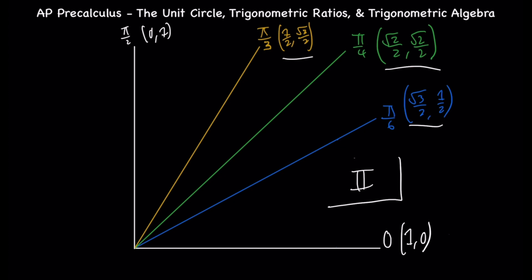But our x values are going to be negative, which means the cosine theta here is going to be a negative value. It's going to be the same for all of these. So for, say, this angle right here, which is 4 pi over 3, our x-coordinate here would be negative 1/2, and then our y-coordinate would still be root 3 over 2.